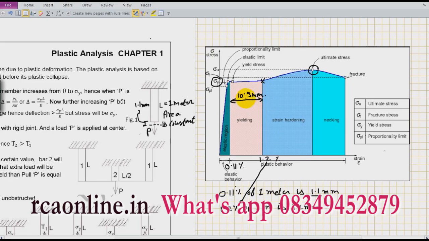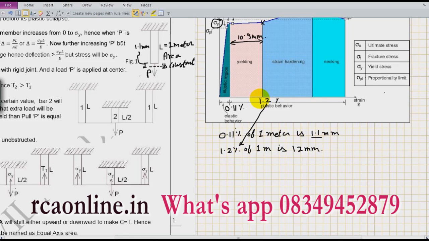When engineers found this, they found it very useful, and they tried to use it in their design so that the design becomes economical, and for the same section they are able to carry more loads. So friends, coming back to my point, how can we use this part? What were engineers doing before they were able to use this?